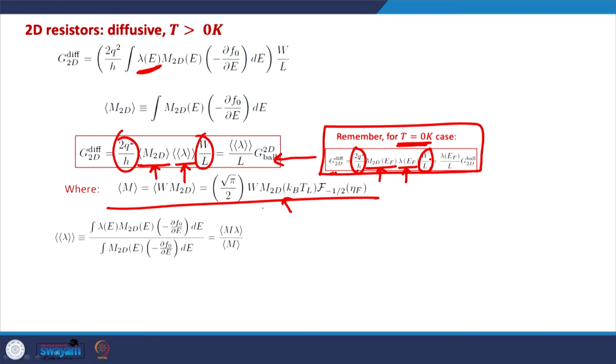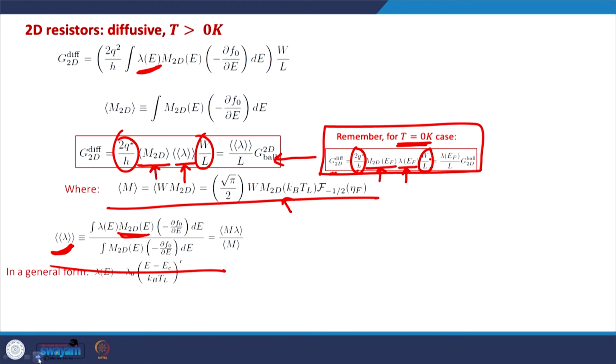This we have already seen, and this double average of the mean free path can be calculated from this expression. Here we might need to use the Fermi-Dirac integrals and the expression for the number of modes.